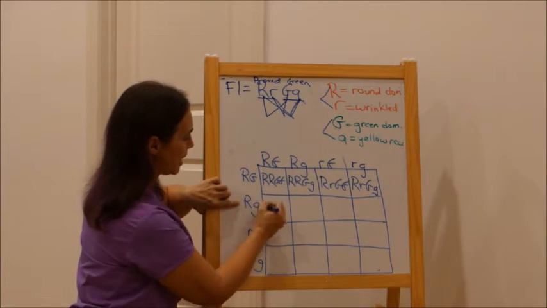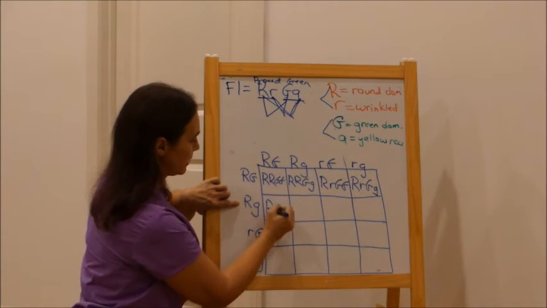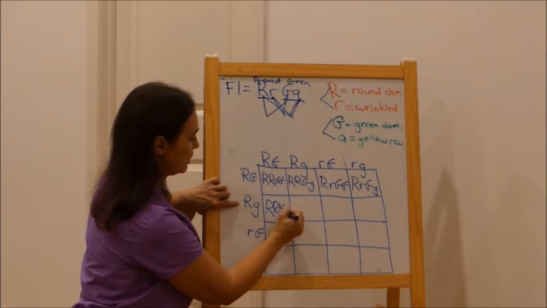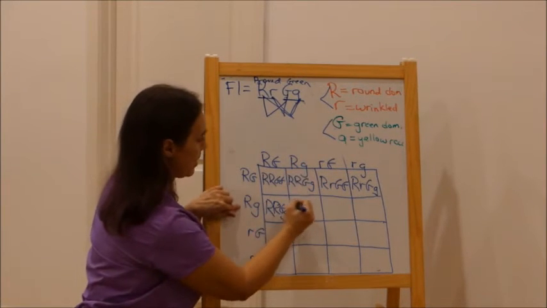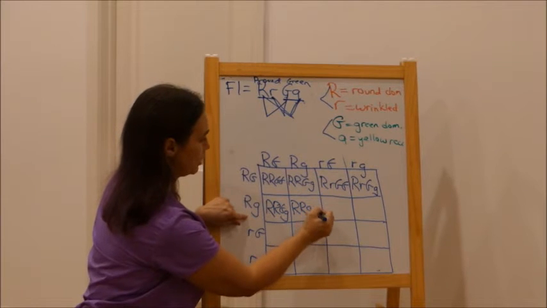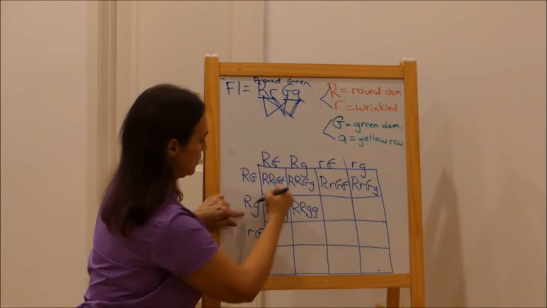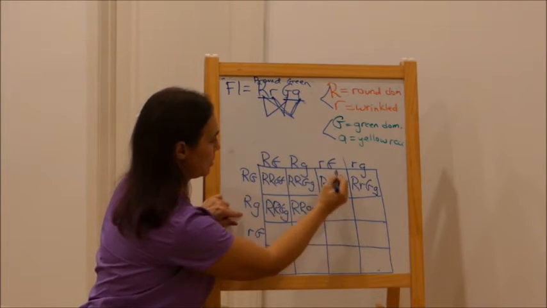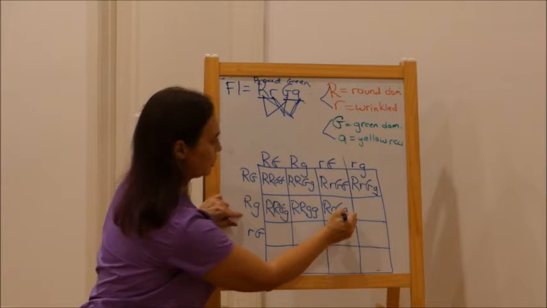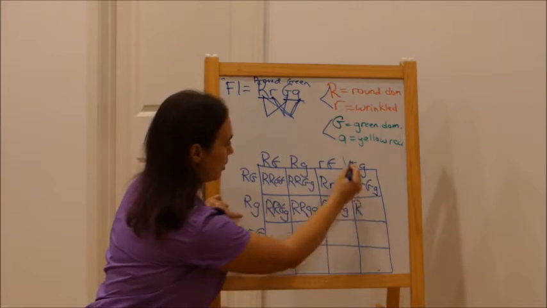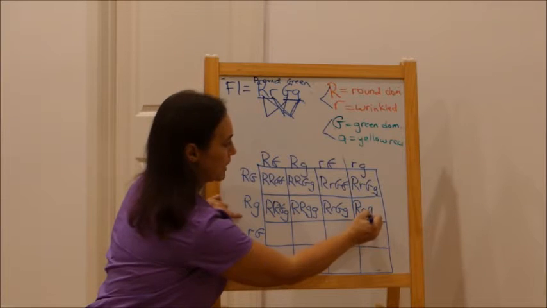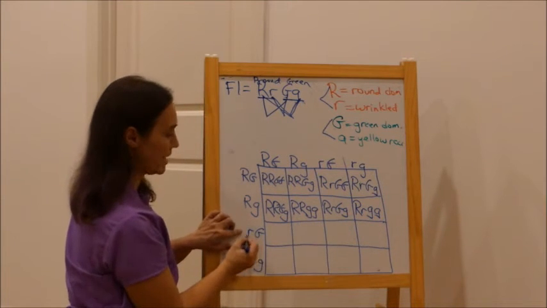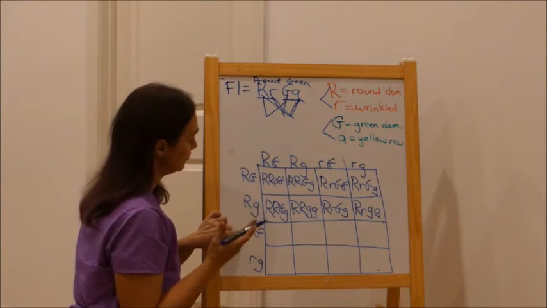This one, capital R, capital G, lowercase g, capital R, lowercase g, capital R, lowercase r, capital G, lowercase g, capital R, lowercase g. Okay, next line. It takes a while. We'll get there.